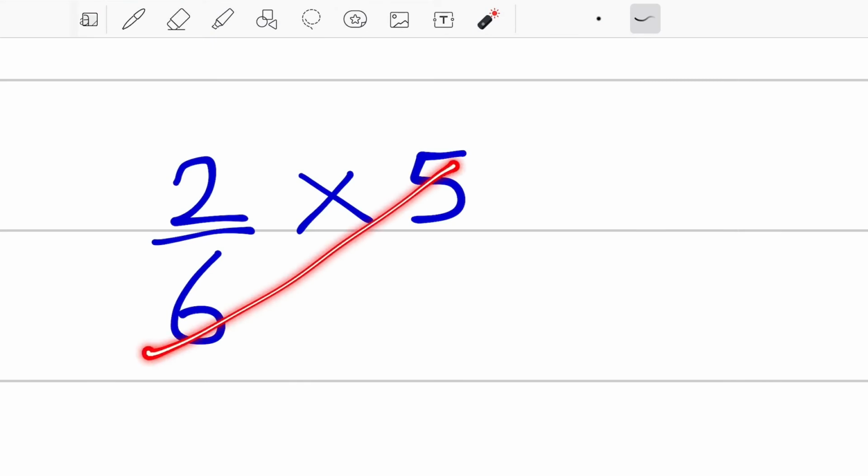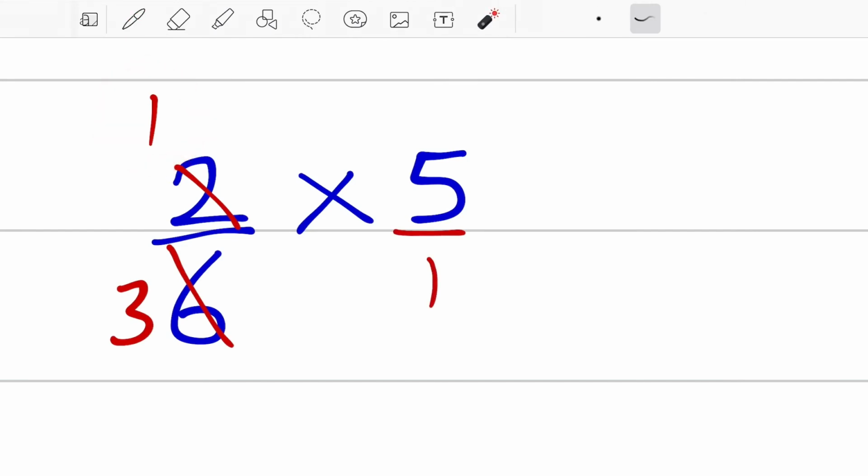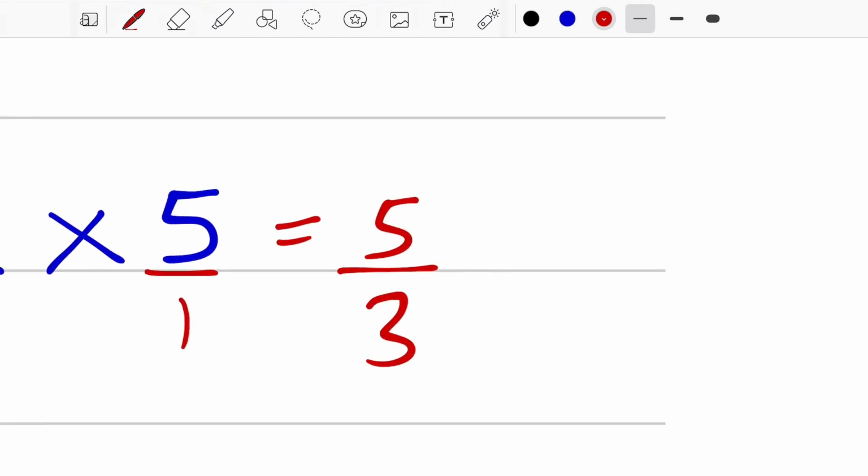It doesn't have to be diagonal. 2 into 2 is 1 and 2 into 6 is 3. So now that we reduced all we can, say 1 times 5 is 5 and 3 times 1 is 3. We can change that into a mixed number if we like. 3 into 5 is 1, remainder 2. So that's 1 and 2/3.